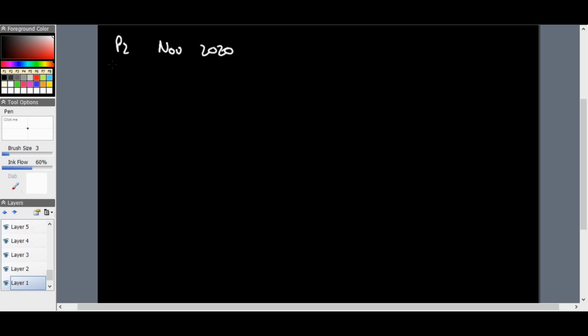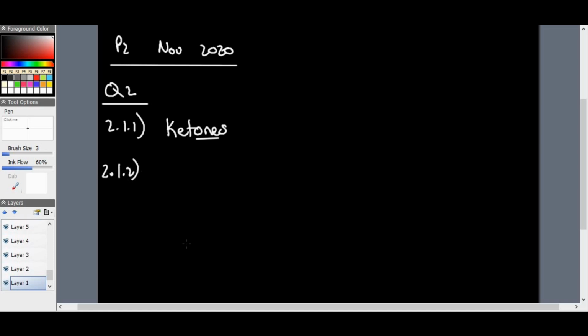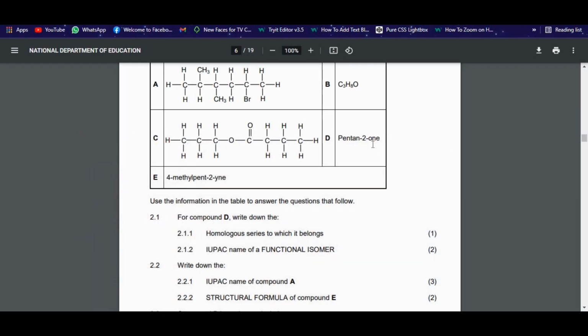Question 2.1.1, and that would be ketones. Because there we go, "one", it's in the name, right? All in the name. So that was a very simple one, ketones, and the "one" there gave it away.